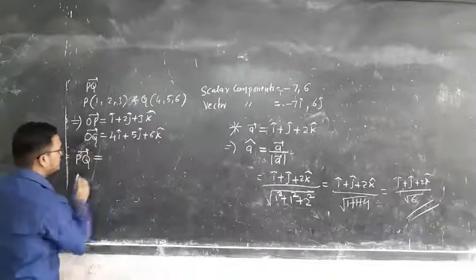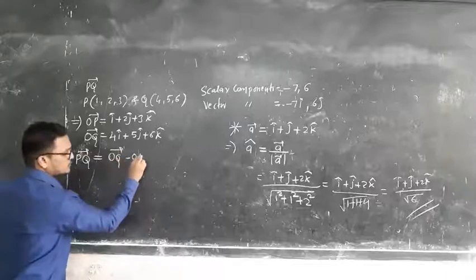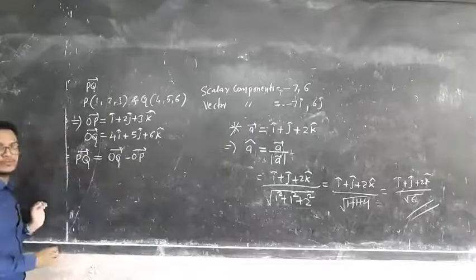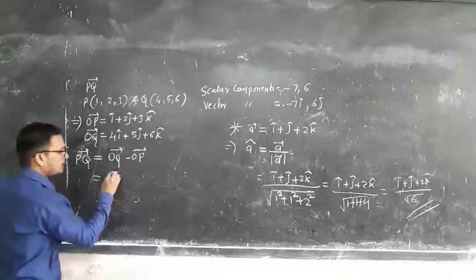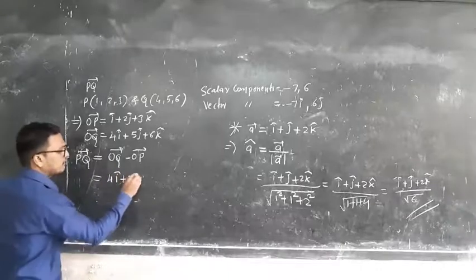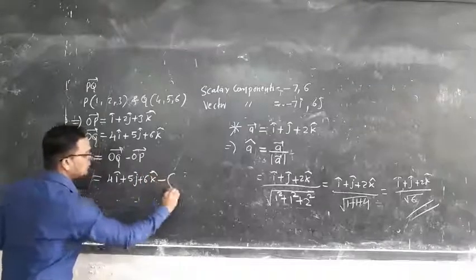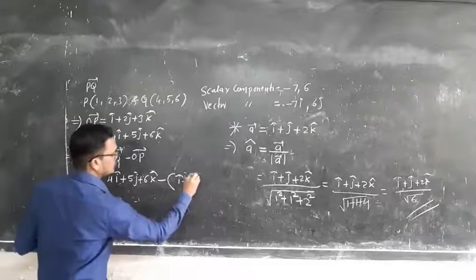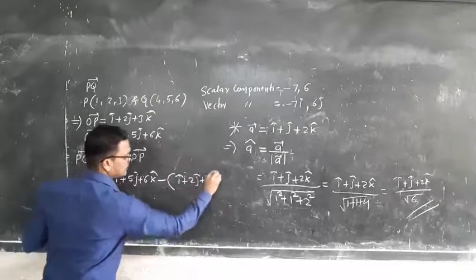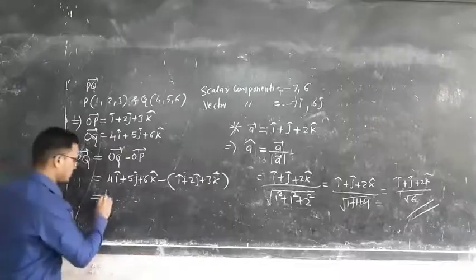Vector PQ is OQ minus OP. OQ is 4i plus 5j plus 6k minus OP, and OP is i plus 2j plus 3k.